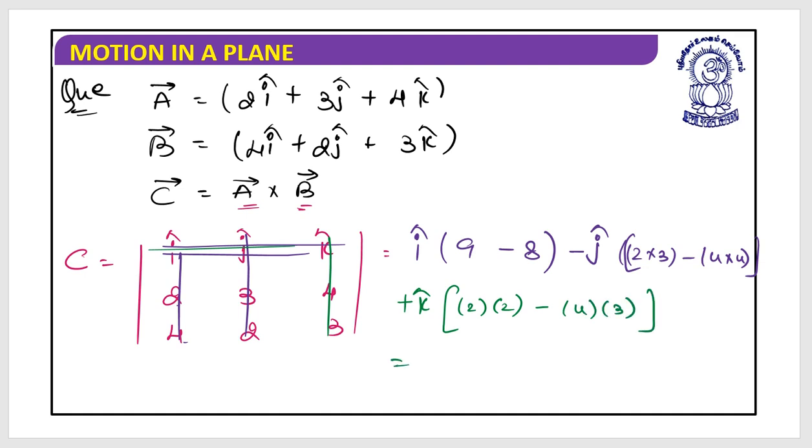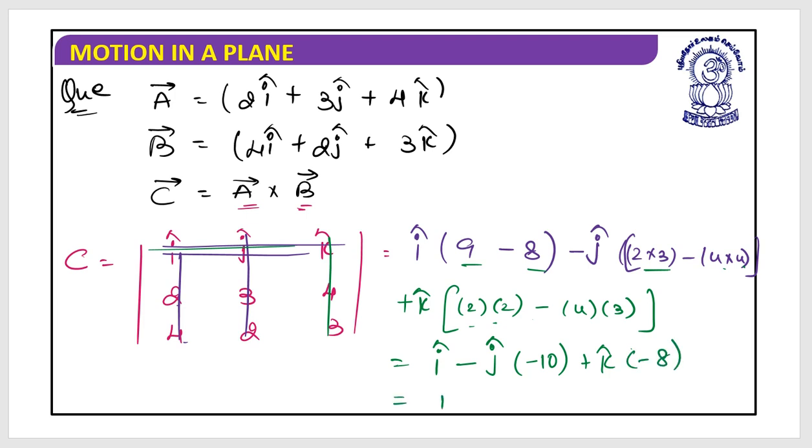So this is 9, this is 8, so it's 1, it's 1 i cap. Minus j into the bracket: 2 3s are 6 minus 4 4s are 16. So this is minus j times 6 minus 16, which is minus 10. Plus k cap: 2 2s are 4 minus 12, this is minus 8.